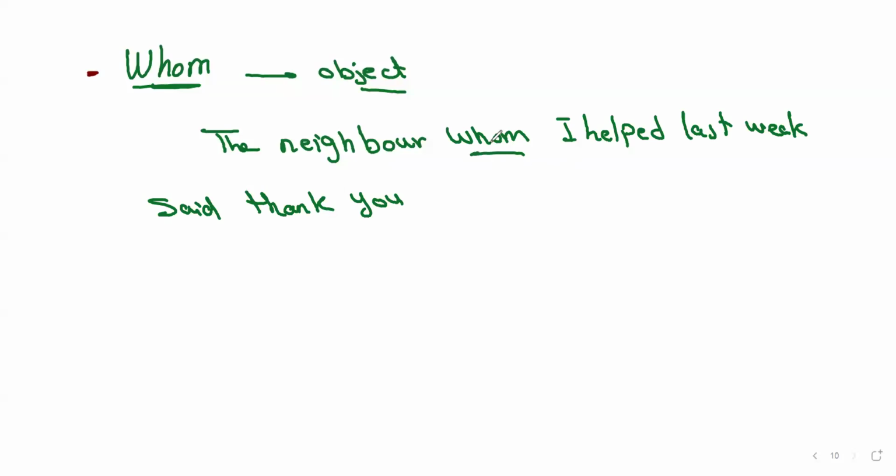Whom for object. The sentence was I helped the neighbor. So the neighbor is the object of the sentence. So when I started the sentence with the neighbor, I used whom. It's formal, okay? We can use who or that. Okay, I can say the neighbor I helped directly without any relative pronoun, without whom or who or that. Okay, see another example.